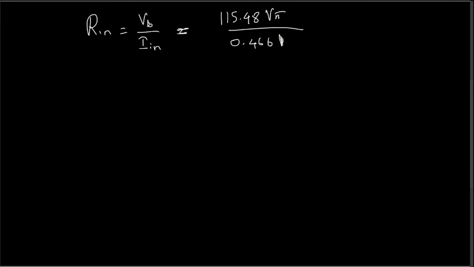V5 cancels, milli becomes kilo when it goes to the top, and if you solve and simplify, you're going to get approximately 248 kilo ohm resistance. Okay, that is the input resistance.